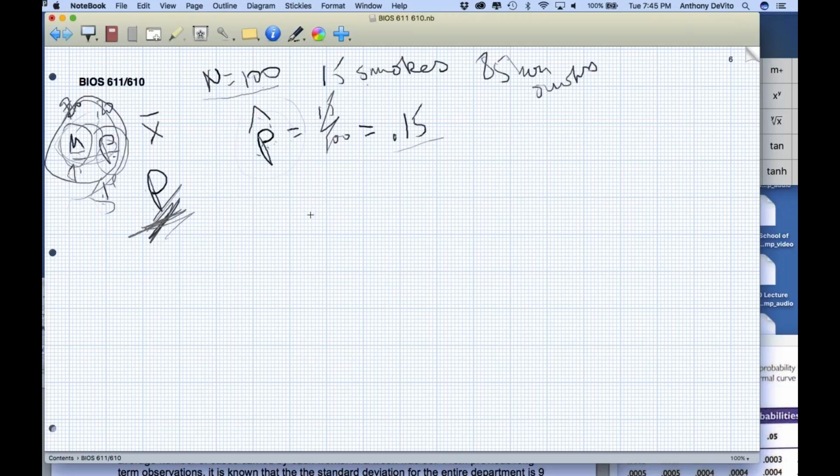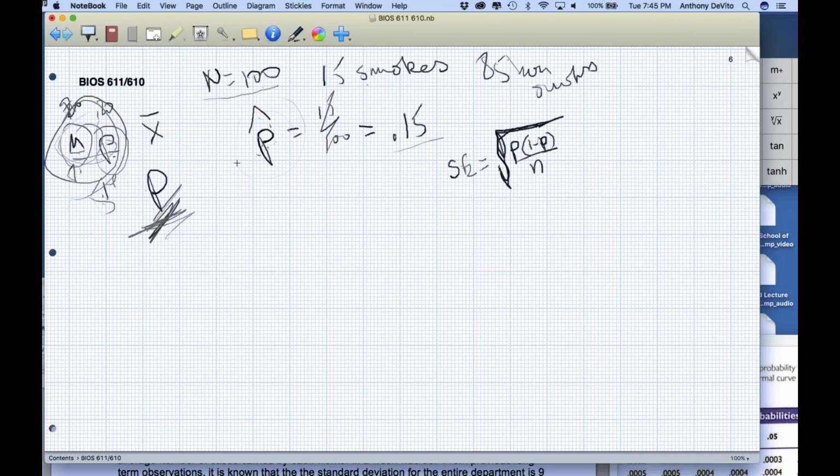Well, I'm going to do exactly the same thing I did before, except this time my standard deviation, or my standard error in this case, because it's a sample, you could call it standard error, is going to be equal to, and you notice this formula before, the square root of p times 1 minus p over n, the sample size. I should draw that so it's clear everything is under that square root.